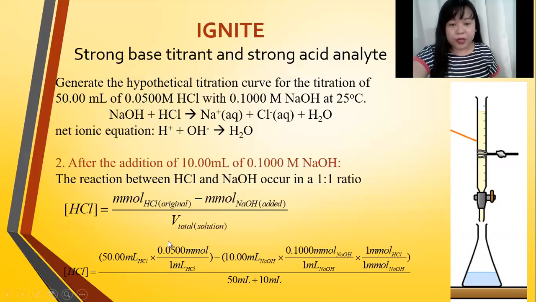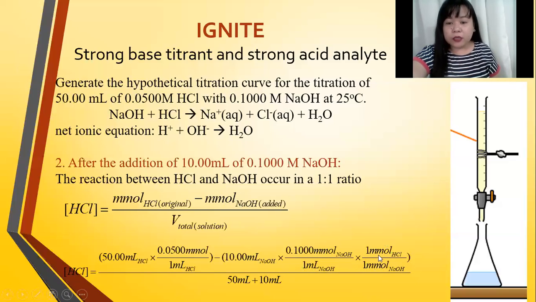We will be left with millimoles HCl. And then here, to get the number of millimoles of HCl consumed by NaOH, that would be 10 mL NaOH multiplied by the concentration of NaOH, also expressed in millimoles per mL, so that mL can be canceled out.